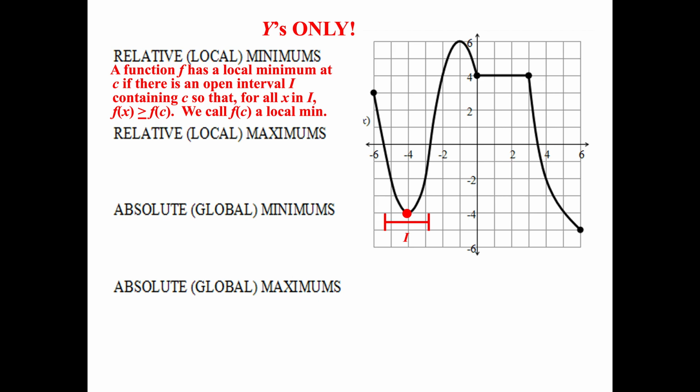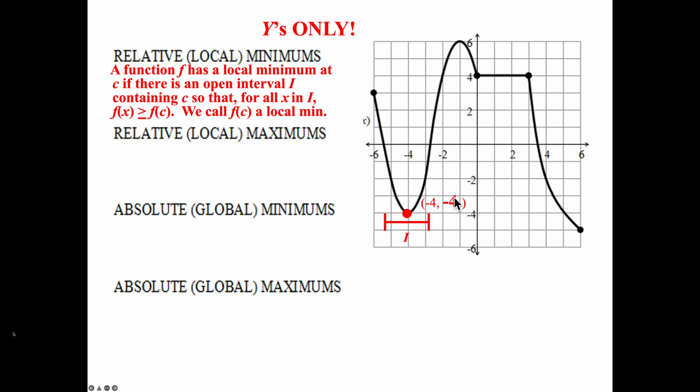So f of c generates this y coordinate, let's call it -4, where all the rest of these x's in the interval generate a bigger y coordinate than -4. So at x equals -4, that's the c.